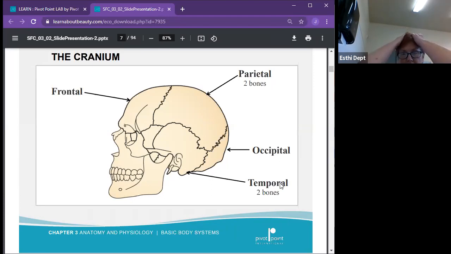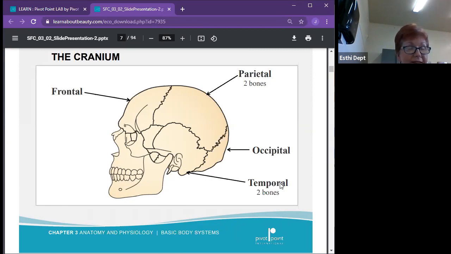So parietal here, right underneath it is the temporal on both sides. Frontal here, in the back of your head is the occipital. So frontal 1, parietal 2, occipital 1, temporal 2. So we've got 6 there, right? Has everyone got those filled in their study guide?